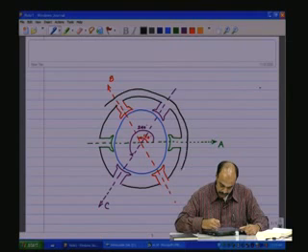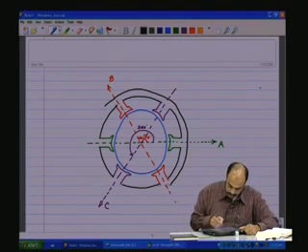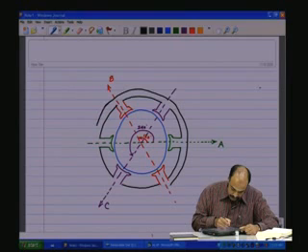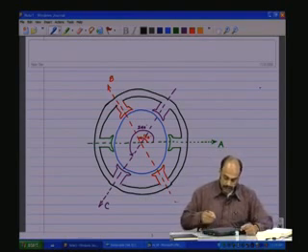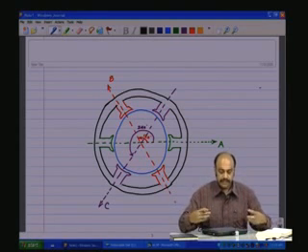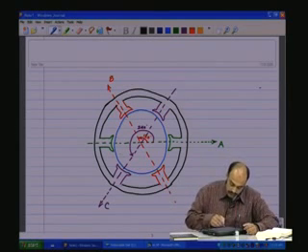So we have the stator like this, as shown, with salient poles projected inward, and we have the rotor in blue.